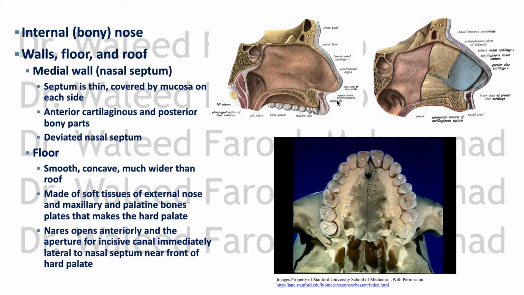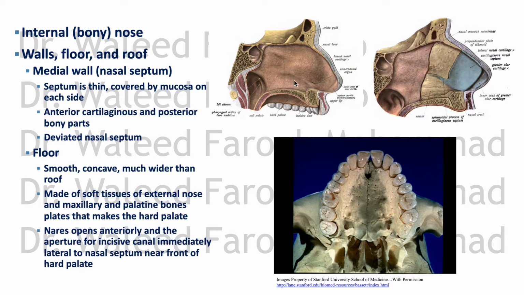But the degree of deviation may be severe, so that it may occlude one of the nasal cavities, and this is a big problem. It needs surgical correction, of course. So don't forget the deviated nasal septum.